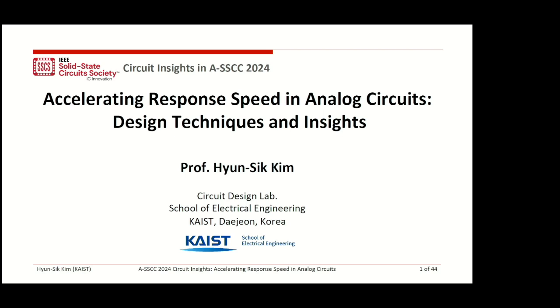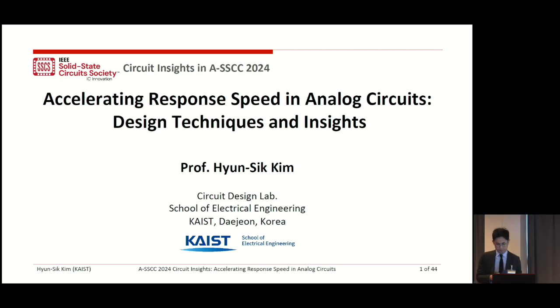And then from 2015, he joined the Danguk University in Korea as an assistant professor. And then since 2019, he is with KAIST, School of Electrical Engineering. His research interests cover display drivers, power management, and sensor readout circuits.